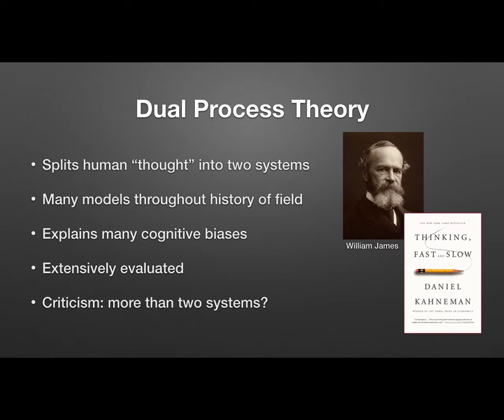So this is the cover of a book called Thinking, Fast and Slow. It's by Daniel Kahneman. He's a psychologist and an economist. It's a really popular book. I think it came out in 2012 or something. It's a really good book, a really interesting book.